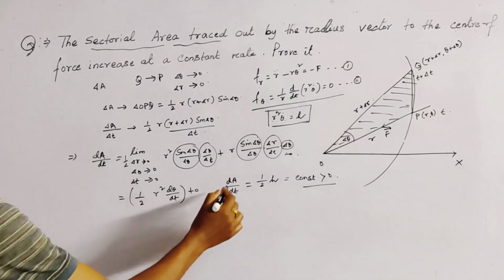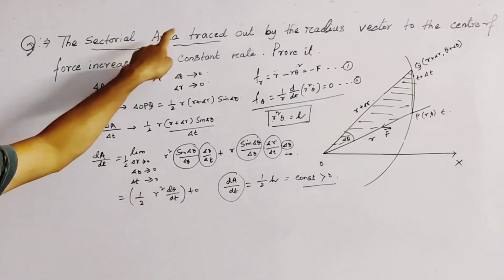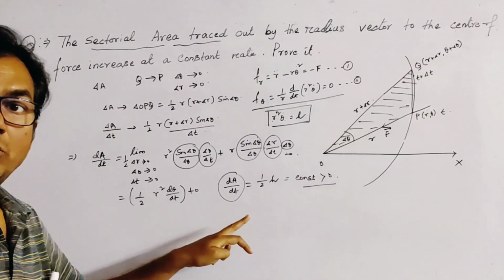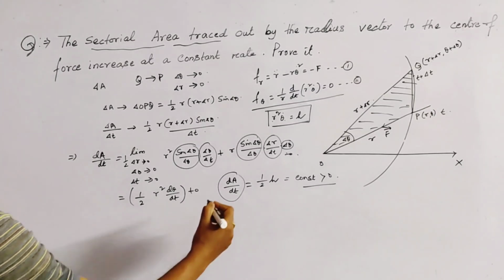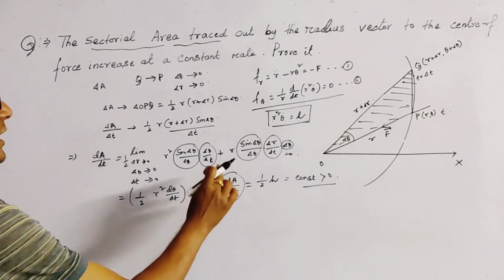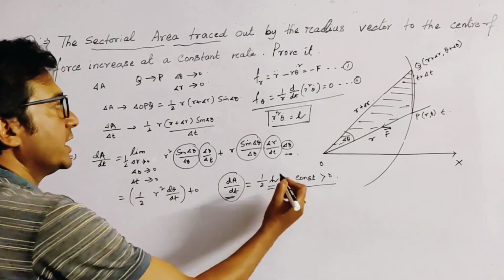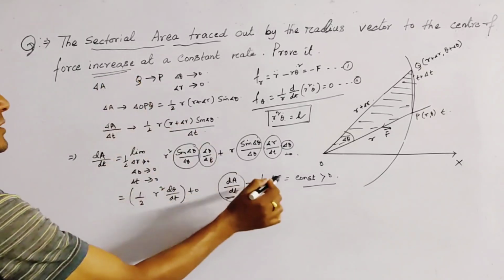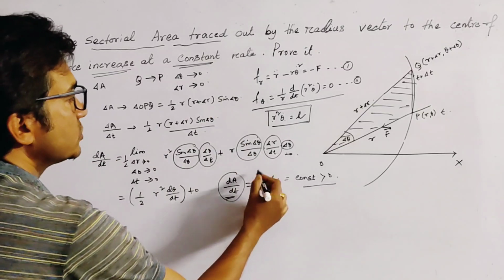And what is dA by dt? This is the rate of description of the sectorial area traced out by the radius vector. So dA by dt is greater than 0 and constant, so the area increases because it is greater than 0, and at a constant rate because it is constant.